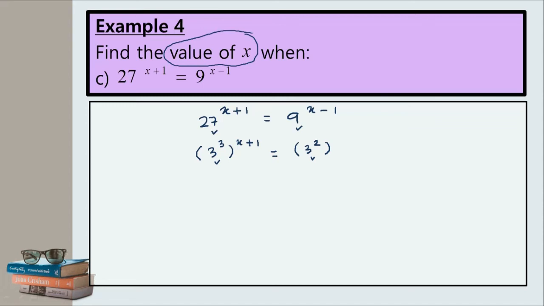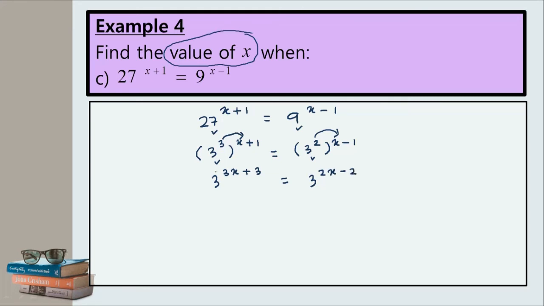Don't forget to put the bracket first. Okay, (x minus 1). After this, simplify first. So 3 times x plus 1 is 3x plus 3. Careful, okay? Equal to 3, 2 times x minus 1. So 2x minus 2.